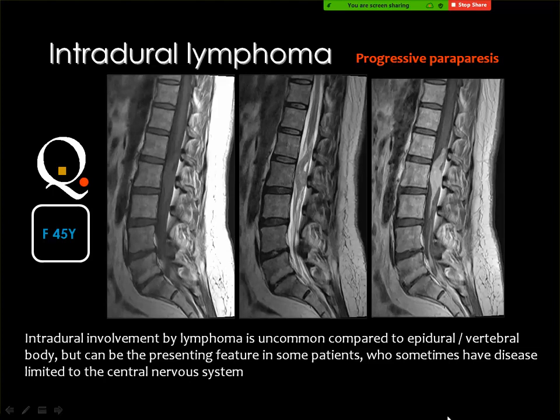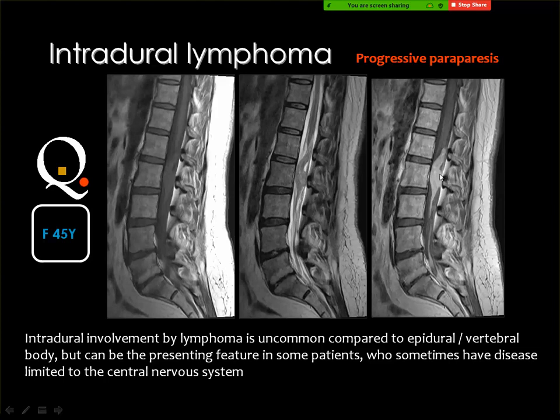Actually, lymphoma's main location is in the epidural space, and sometimes it occurs inside the substance of the cord. But infrequently, lymphoma can occur inside the dura. Then the alternative diagnoses are the ependymoma of the filum terminale, the neurofibroma, the meningioma, and something like this.